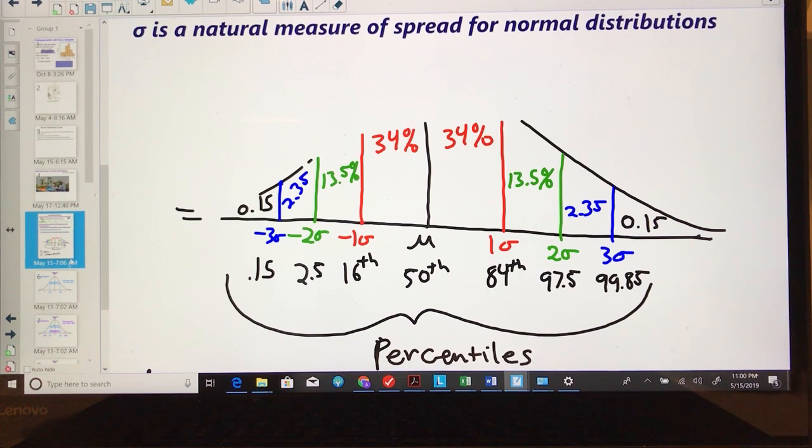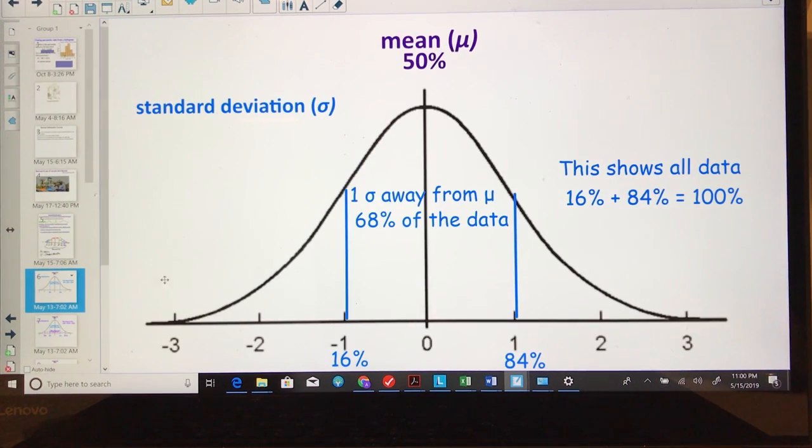Okay, so this one's a little bit cleaner. This is our mean right here. Okay, this is our standard deviation. This area in here is one standard deviation away from the mean, and this space underneath this normal curve accounts for 68% of our data. So 68% of the data is in there.